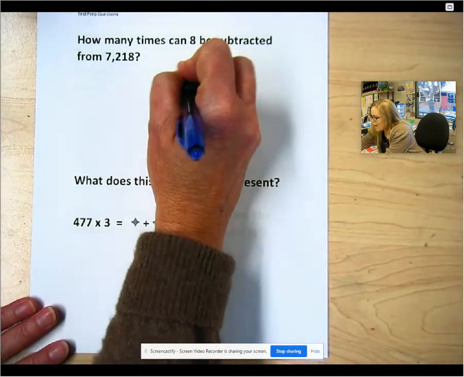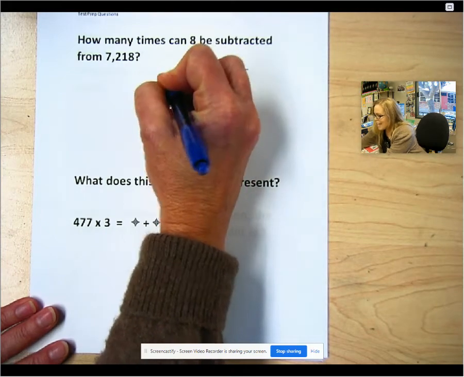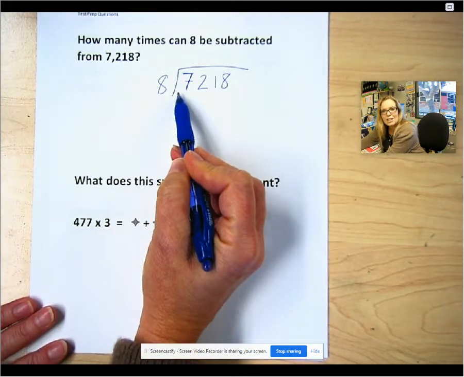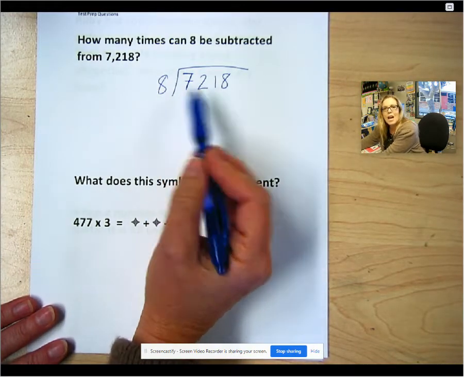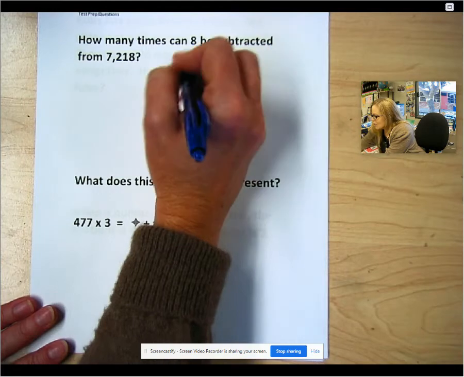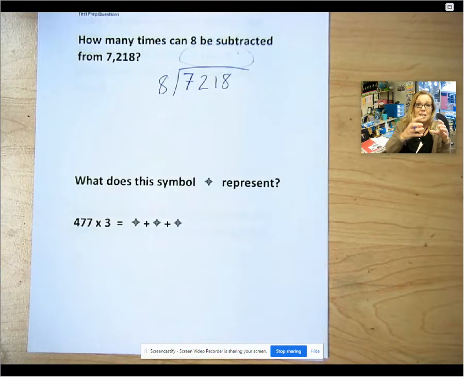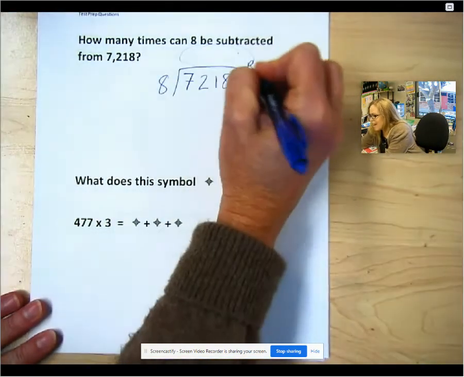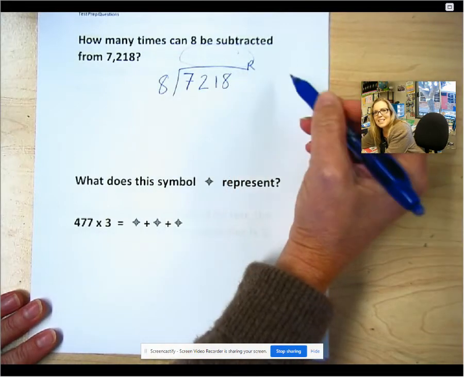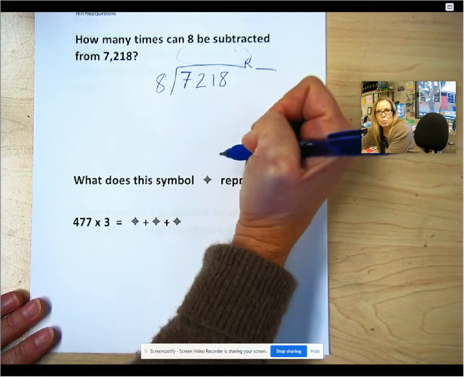Well, when I divide 7,218 by 8, I'm essentially taking 8 away from that 7,000 each time. And then my answer to this division problem will tell me how many groups of 8 I can have. And therefore, if there's something left over, and if I have a remainder, that means that it's left over and it didn't make it into a group of 8.